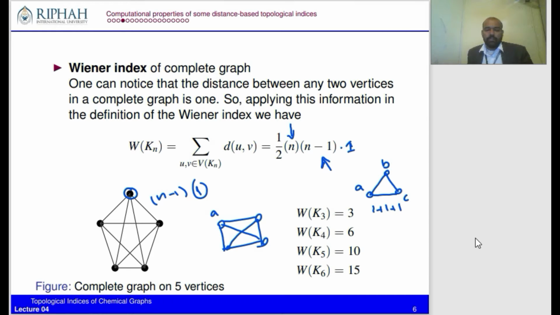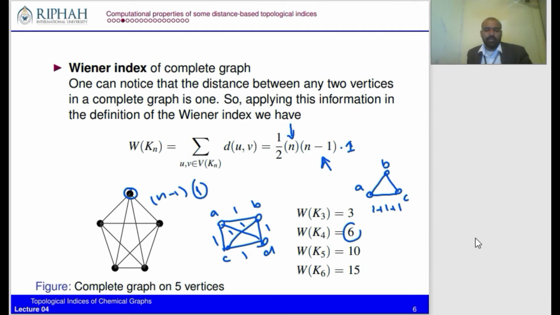If we say A, B, C and D, then A to B is distance 1, B to C, B to D is distance 1, C to D distance 1, A to C distance 1, and A to D is 1 again. So the total sum is 6. Similarly we can find K5 and K6.